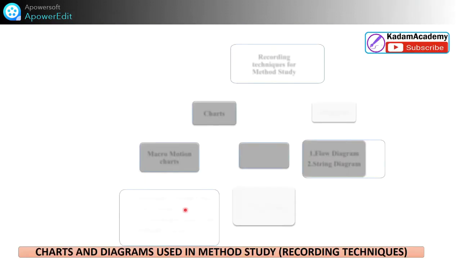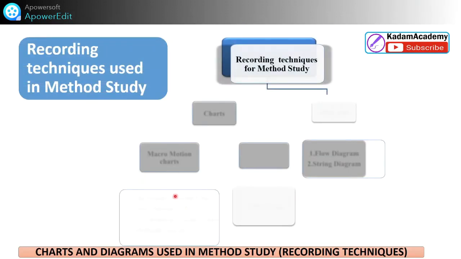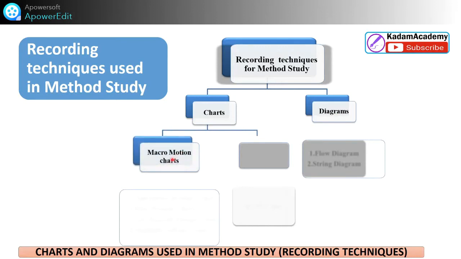So friends, this is a flow chart for recording techniques used in method study that we are going to study in different videos. First is the charts, and second is the diagrams for recording techniques. These two we are going to study. Under charts, there are macro motion charts and micro motion charts.